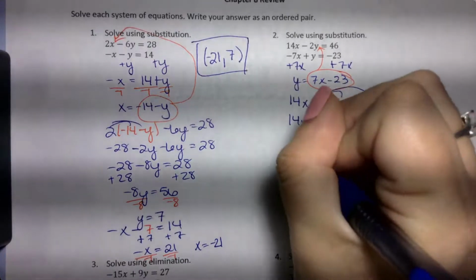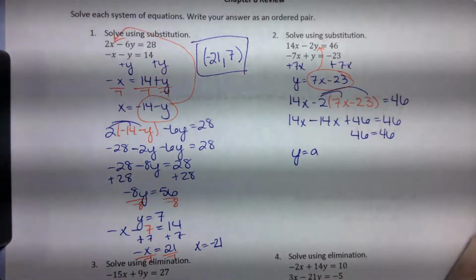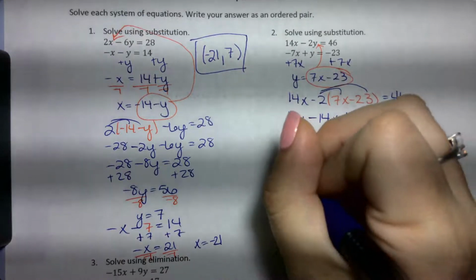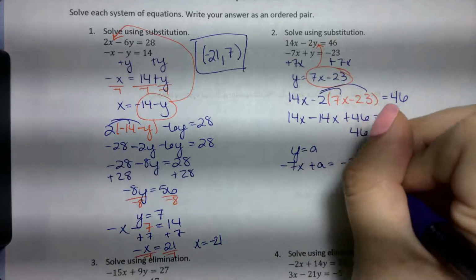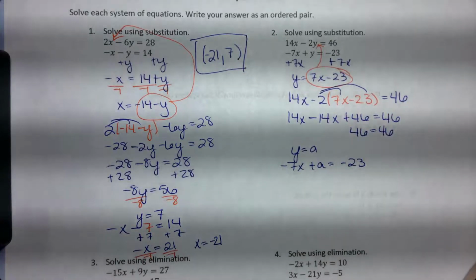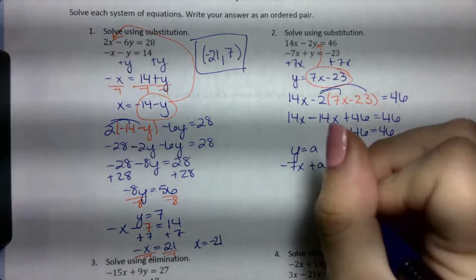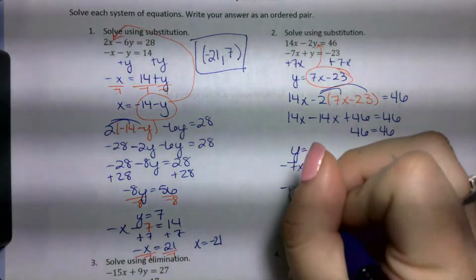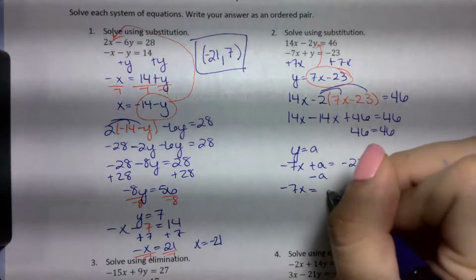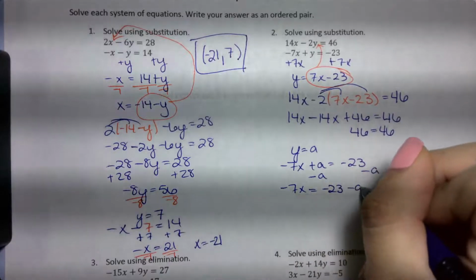This is a true statement, so it means I have infinitely many solutions. I am going to choose to set y equal to a. And then I'm going to go ahead and solve. So I have negative 7x plus a equals negative 23. I want to isolate for x, so I'm going to start off by subtracting a on both sides. I have negative 7x equals negative 23 minus a.